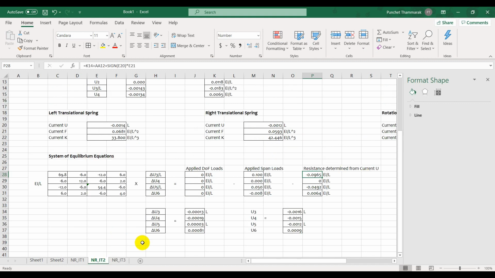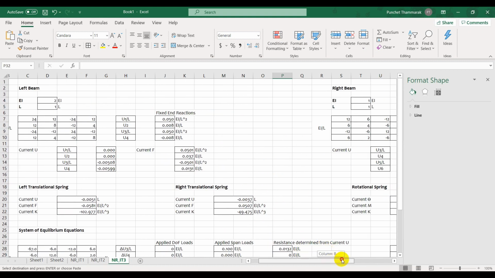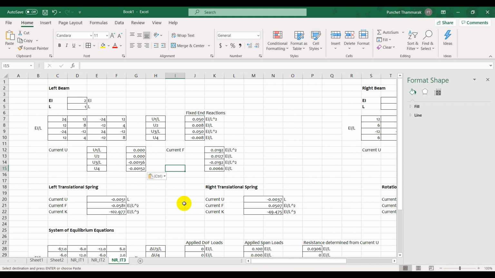Okay, but I need to update this first. So this displacement solution is used to update here. And the U3, U4 will come down to here, and the U3 is going to update this one.